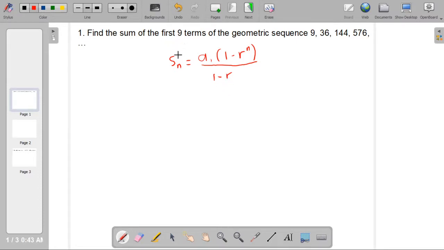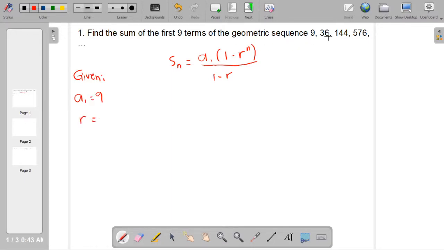Now, take note. Since we want to find the sum, we're going to need all these, no? We're going to need a sub 1, we're going to need our common ratio, and our n. So now we identify the given. What are the given? We have a sub 1 in there, no? Our a sub 1 is equal to 9. And our common ratio also, no?